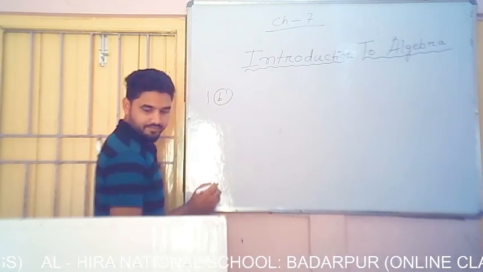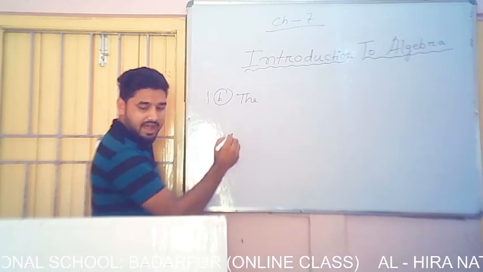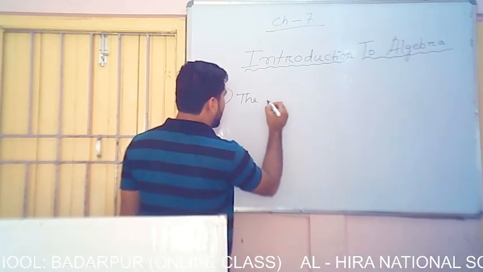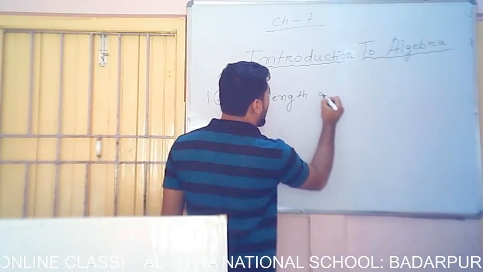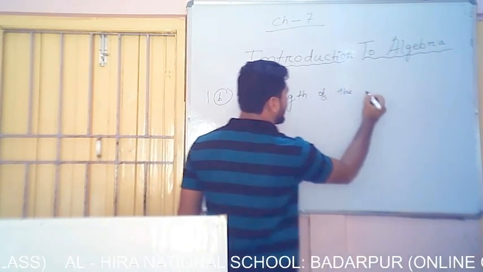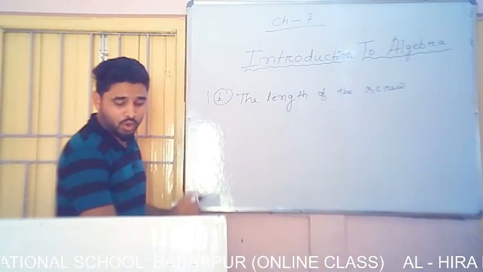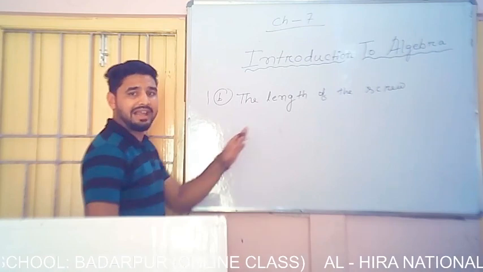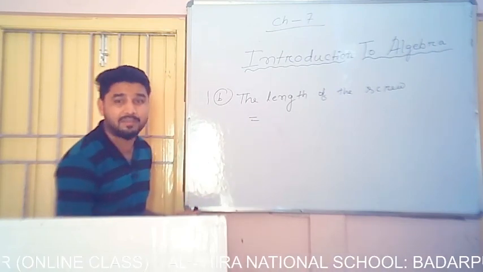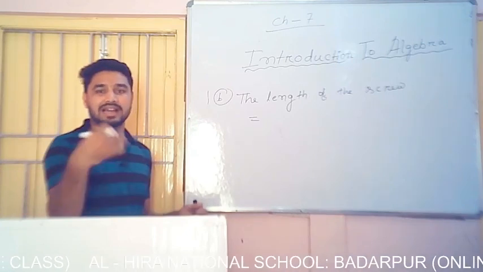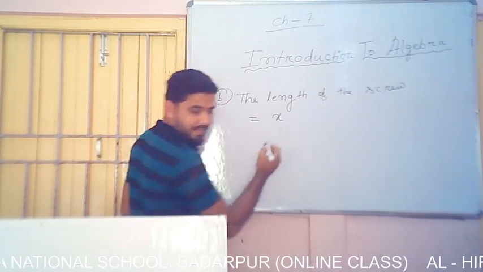Number B, the length of the screw equals x centimeter plus y centimeter, as given in the book.